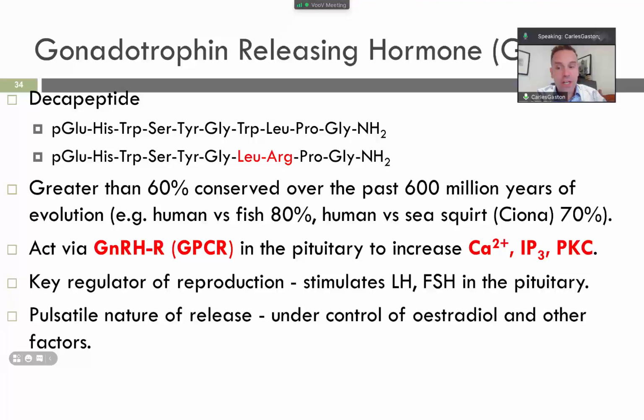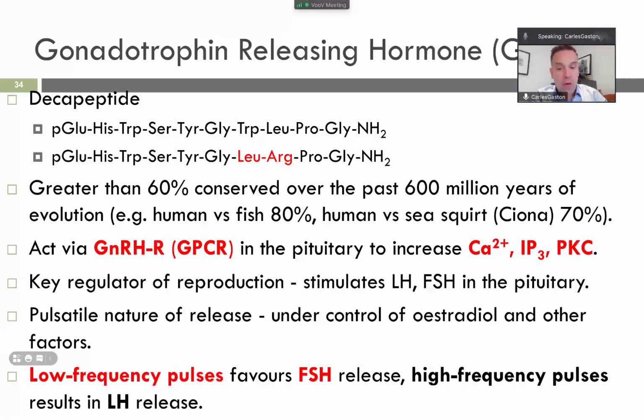The secretion is pulsatile in nature, which means it has cycles during the day and is under the control of estradiol and other factors, which we will cover further on in our module, because there is a specific module on the hypothalamic pituitary gonadal axis where we will study fertility and the menstruation cycle and how LH and FSH regulate reproduction.